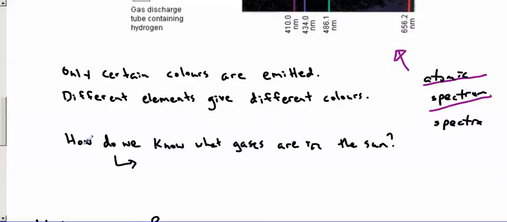So here's a question I like to usually ask. How do we know what gases are in the sun? Has anyone been there? No. What they do is they analyze light from the sun, just like was done in this experiment here.